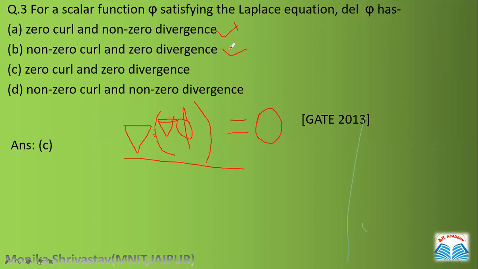So zero divergence it will always possess. The second thing is, if del phi is equal to 0, then we can also do the curl. If you solve this one, then also you will get the value 0. So this also will have a zero curl. That is why this option number C is the correct one.